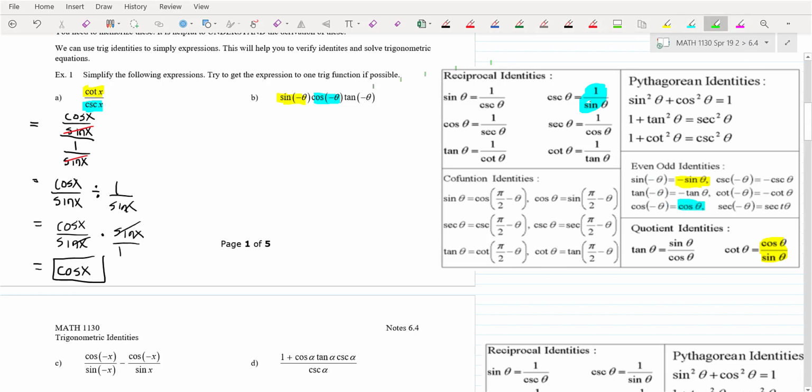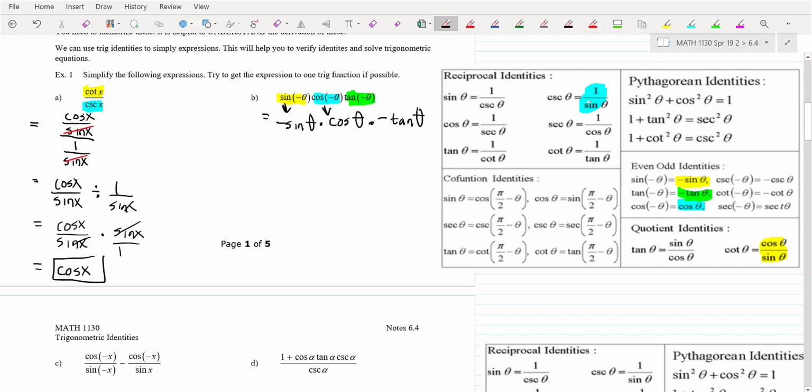And tangent of negative theta is an odd function, so we can change that to negative tangent theta. You want to try to do these problems without looking at these identities because you do want to get them memorized. So the sine of negative theta is negative sine theta, the cosine of negative theta is just cosine theta, it's an even function, and the tangent of negative theta is negative tangent theta.